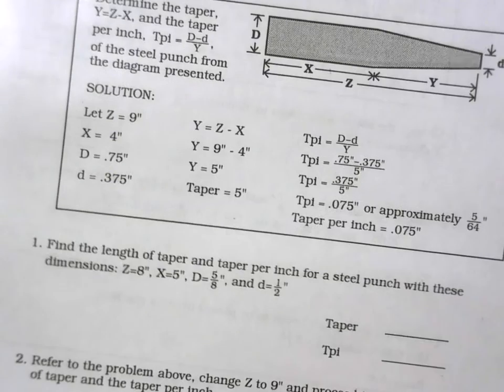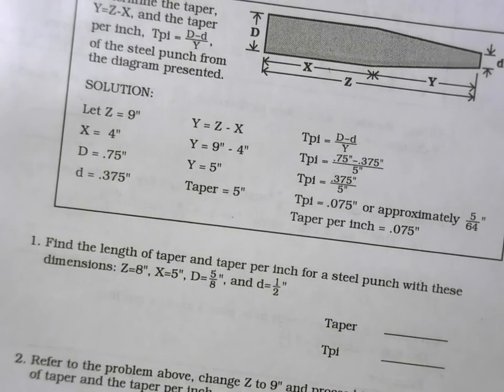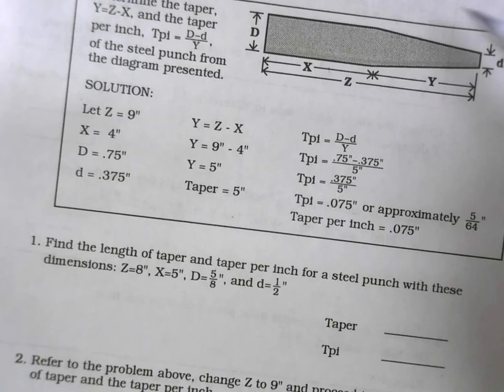And then on the back side, there's one more example, and it's another drawing where you have to use the data from the drawing to figure out the taper of a punch. How much you need to taper it per inch.